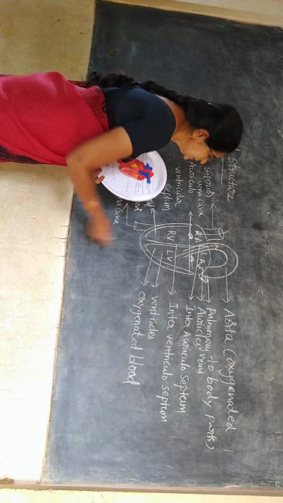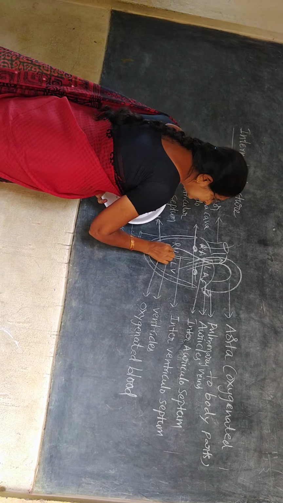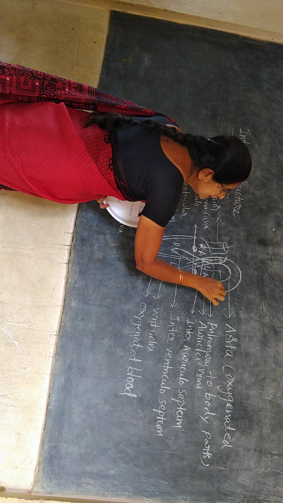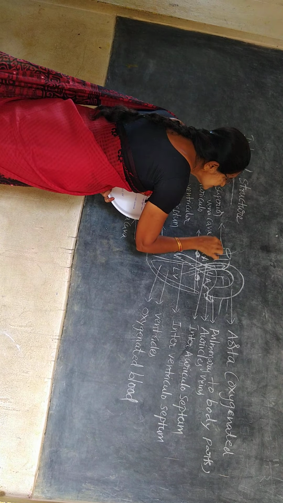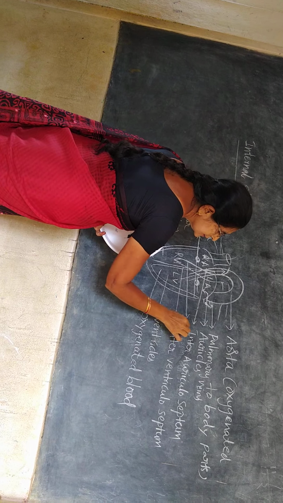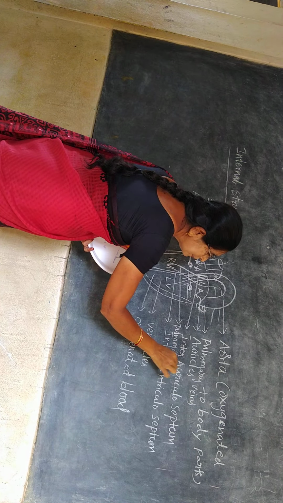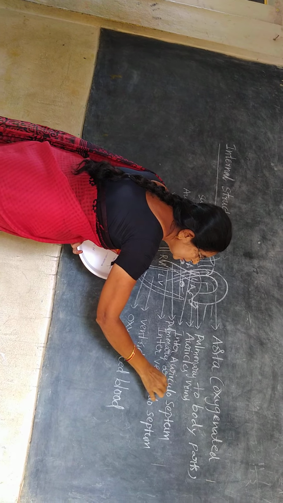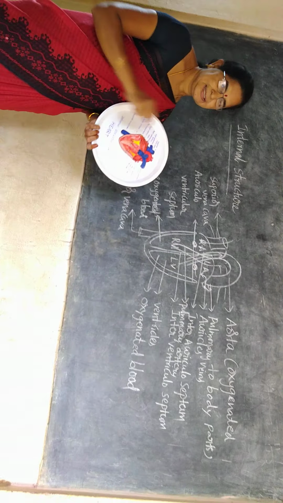Then if you observe from the right ventricle, the pulmonary artery arises. The pulmonary artery will supply deoxygenated blood to the lungs.